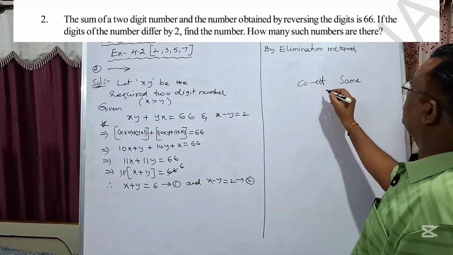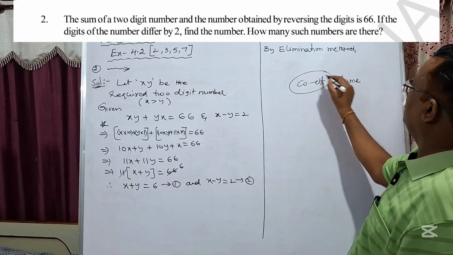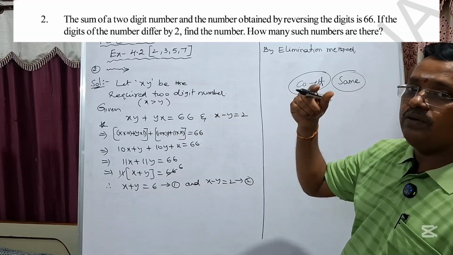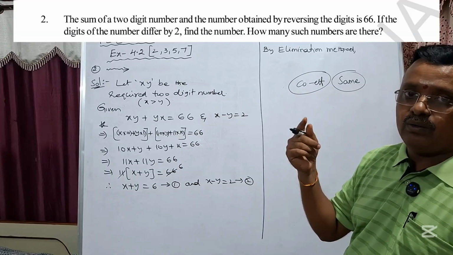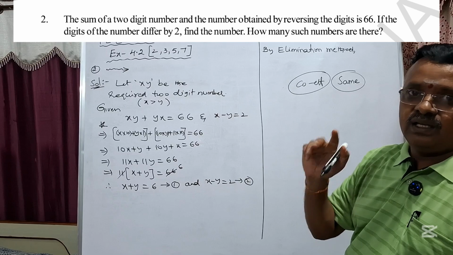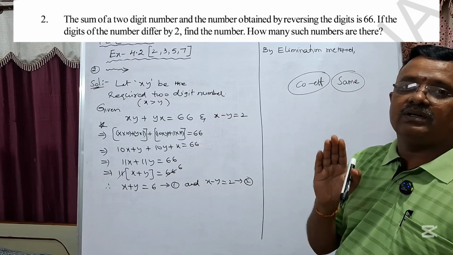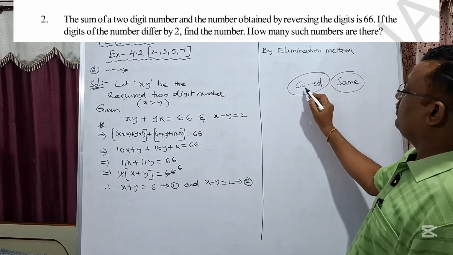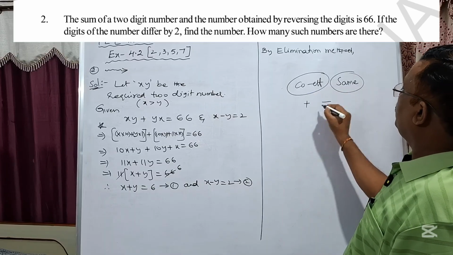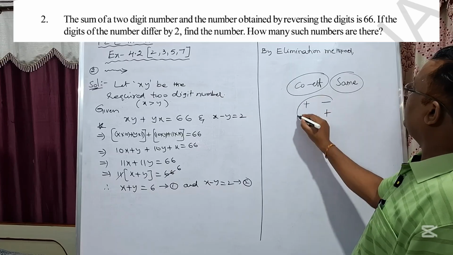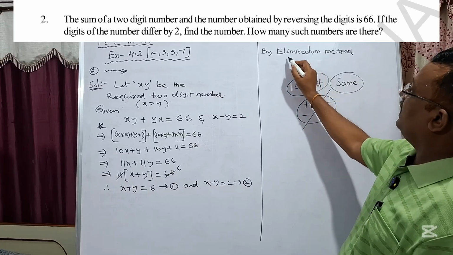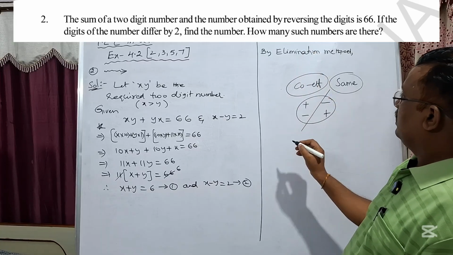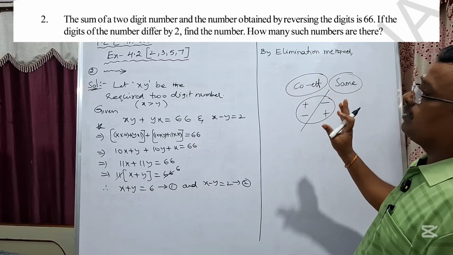Understood? And the variable terms should have opposite signs. If one is plus, the other should be minus. Then only with the same coefficients and opposite signs, they will get cancelled, and the variable will be eliminated.